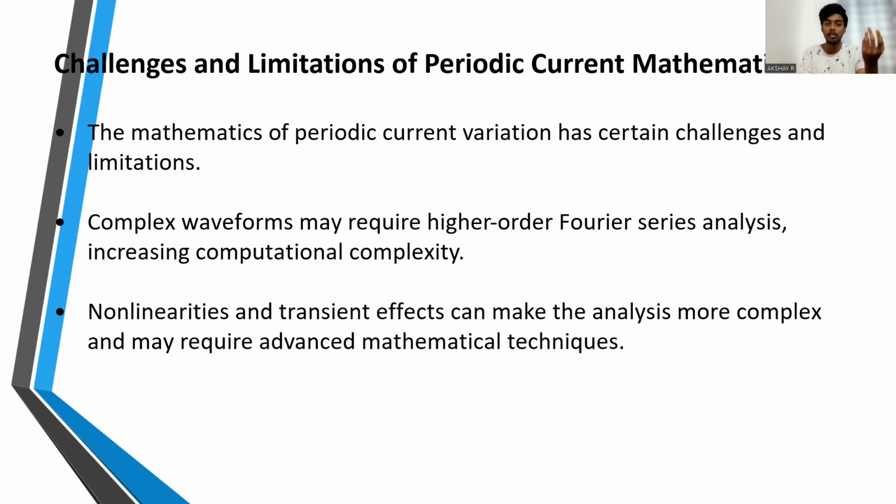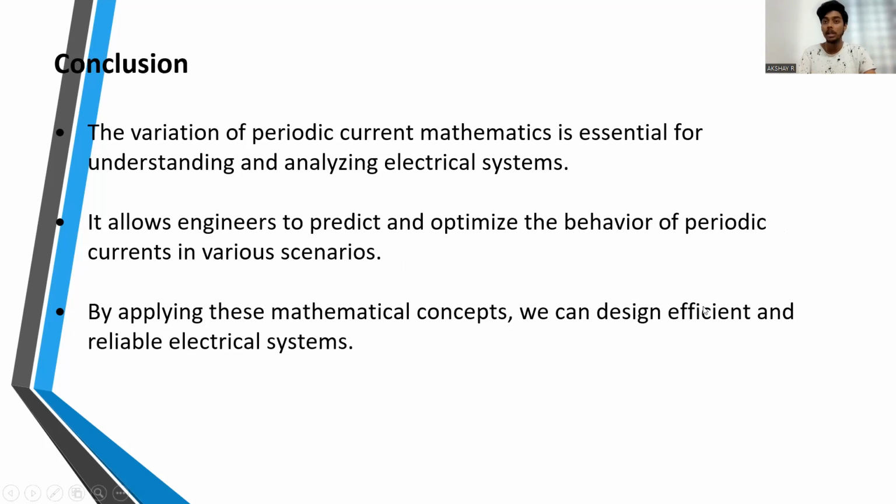So these are some of the limitations of the periodic method. Important points you can get. I hope you now have a bit of knowledge of why periodic variation of current. We dealt with amplitude, frequency, phase, and the why of mathematics, its applications, challenges, and limitations.